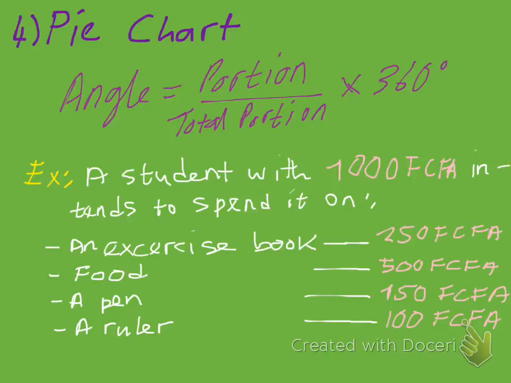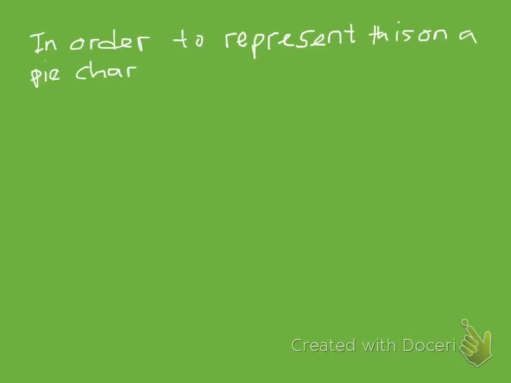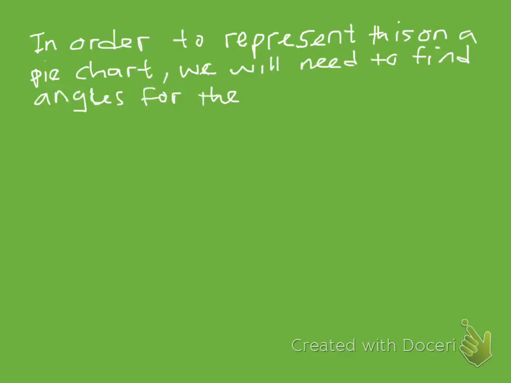The first and most important thing here is finding the angle to give to each portion. As we saw, the angle is portion over total portion times 360 degrees. So, in order to represent this on a pie chart, we will need to find the angles for the various goods.